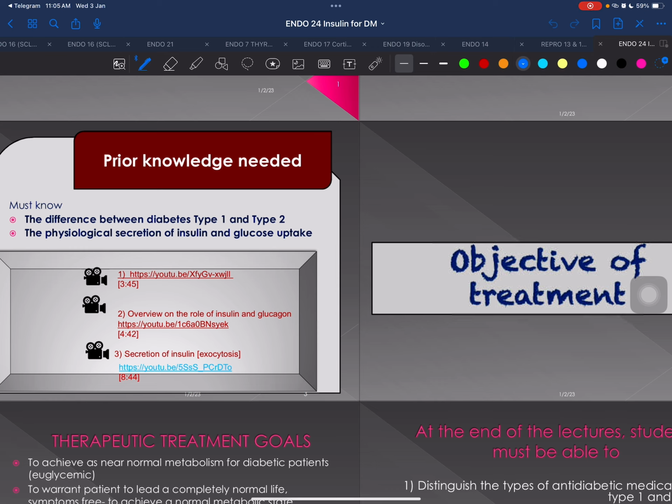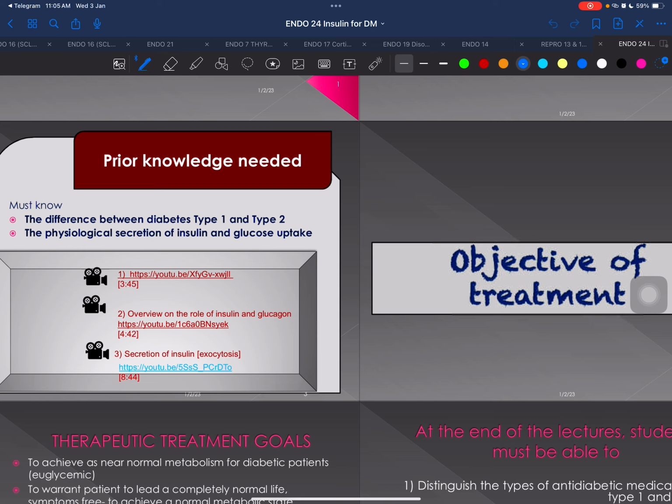But I will highlight to you what are the things that is needed at your level. Okay? Because this topic is on pharmacotherapy, in which it is only for drugs.